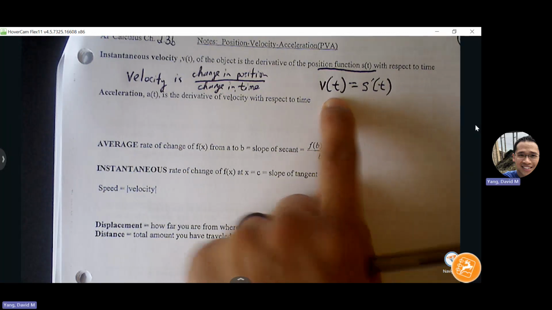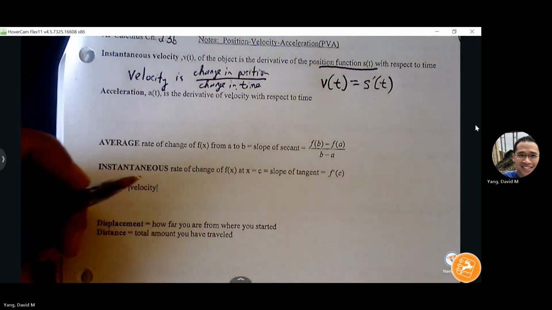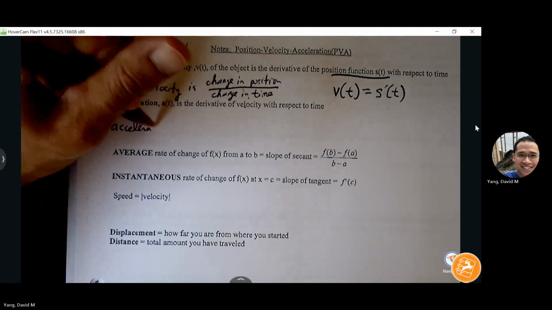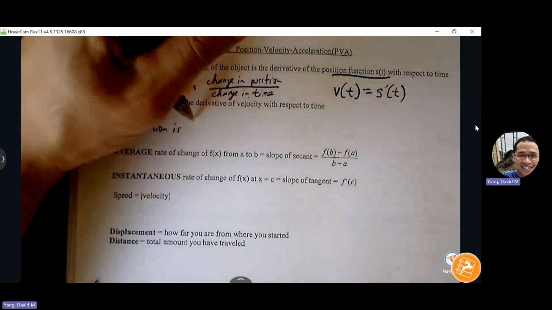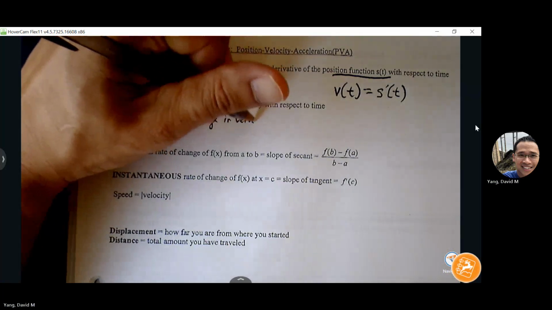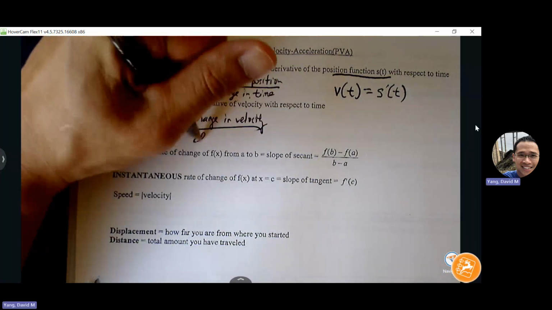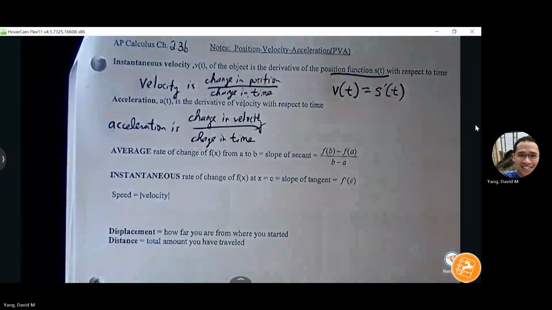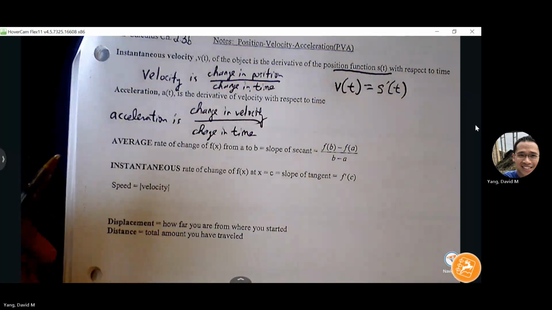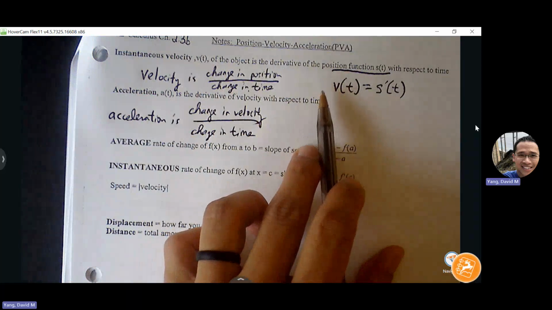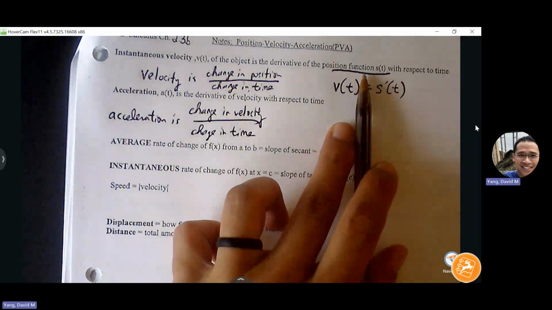Okay, and then acceleration. The definition of acceleration is the change in velocity over the change in time. And because it's the rate of change of velocity, that means you're going to take another derivative down from position.